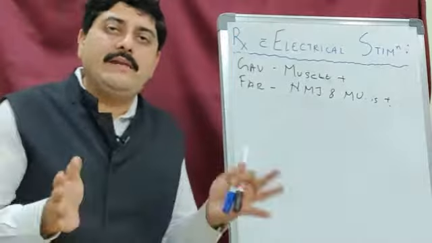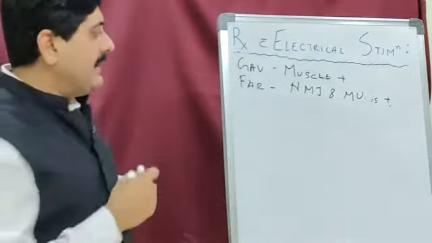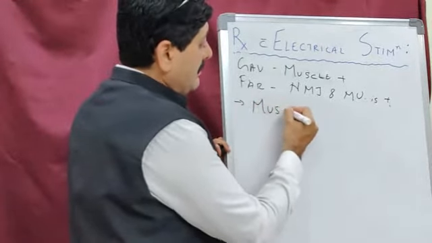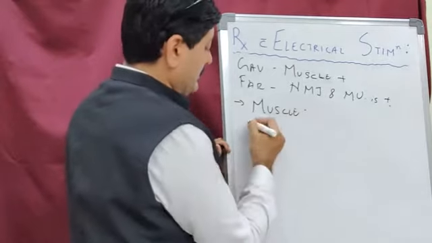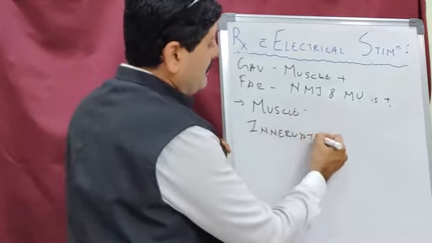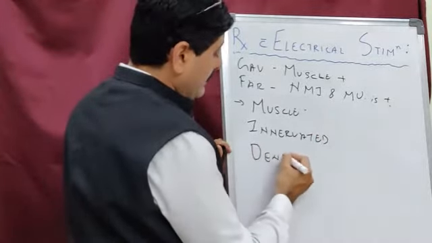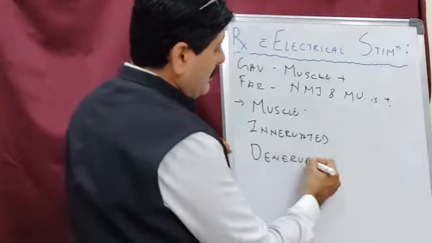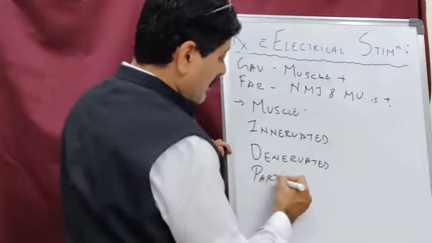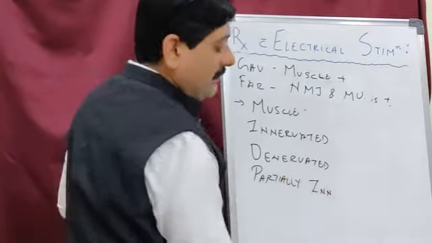Next we are going to quantify this particular response, right? So we have to identify whether the muscle is innervated, denervated, or partially innervated, right?